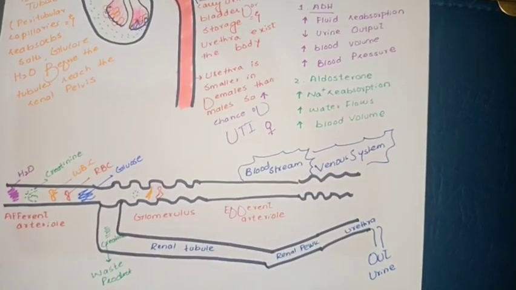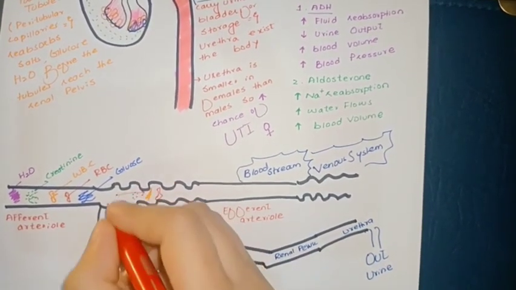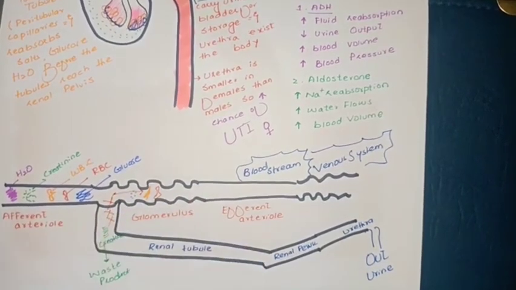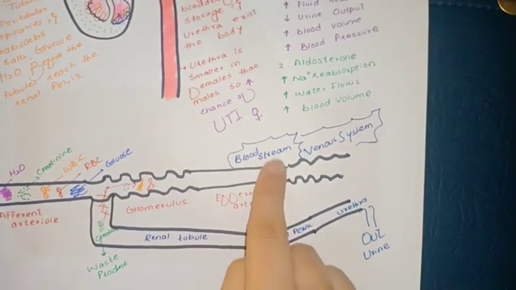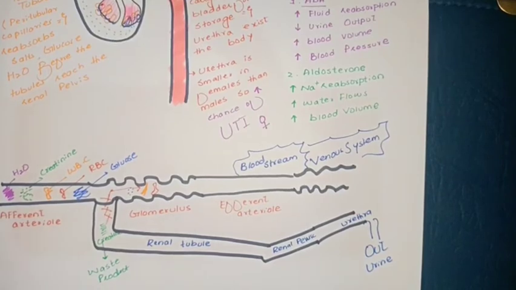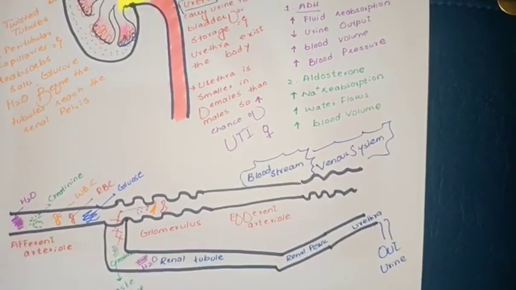As the white blood cells and the RBCs can't be filtered, they don't come here. It goes down to the glomerulus and the bloodstream again. But the creatinine comes here, and some water and glucose also come here.